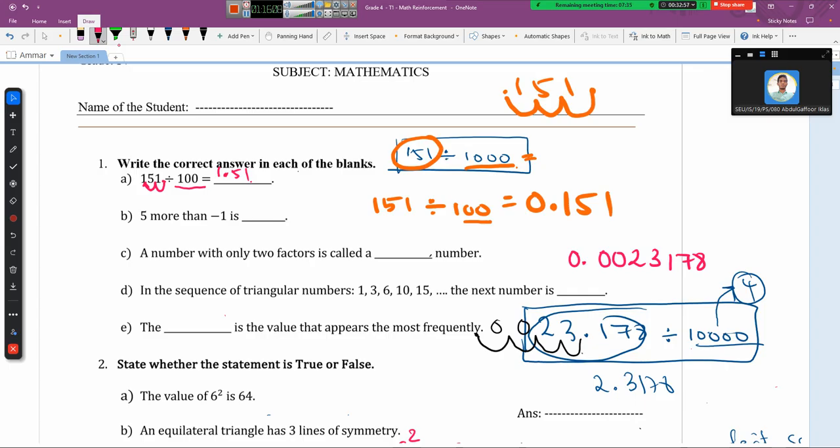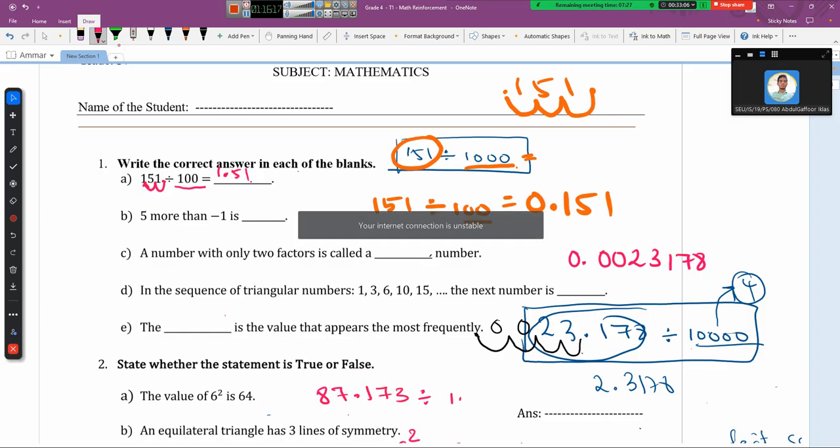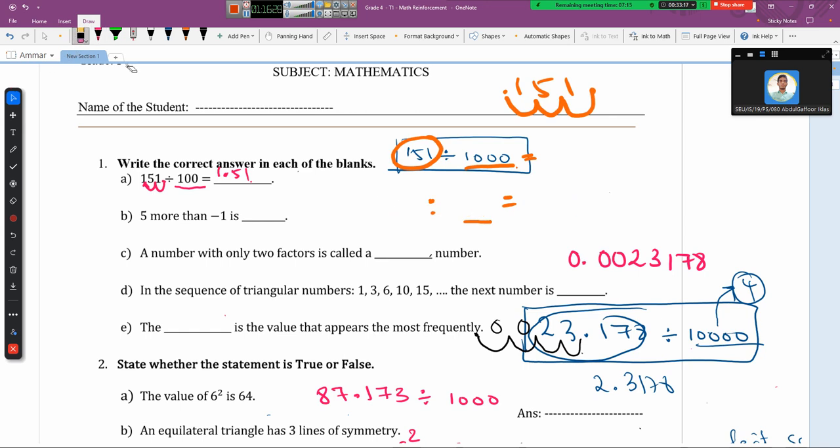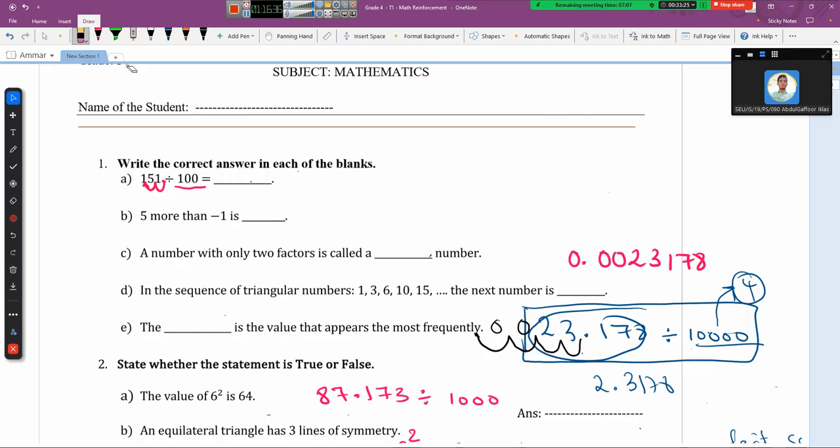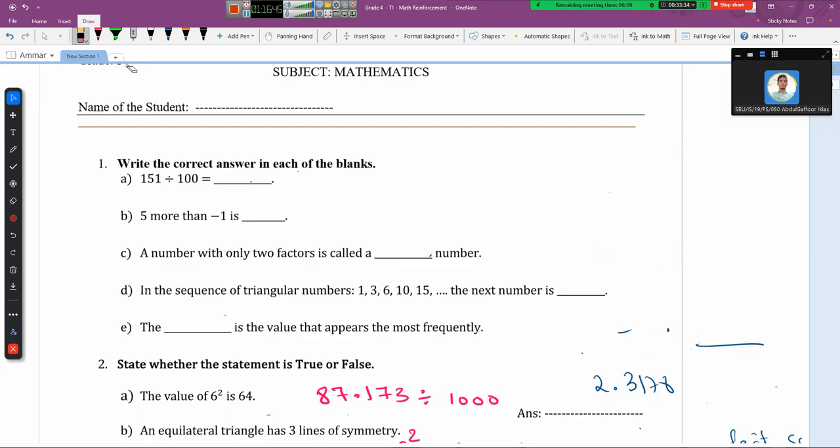Now again, I will give you some more questions. 87.173 divided by 1000. What's the answer? Sir, 0.87. 0.87173.